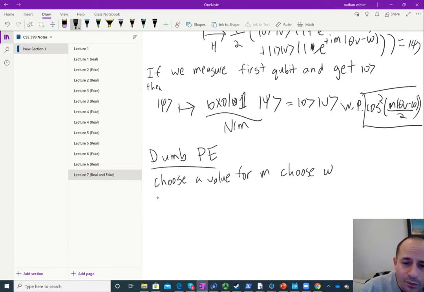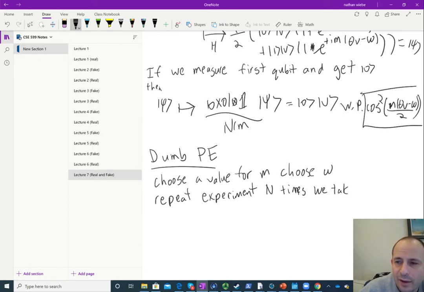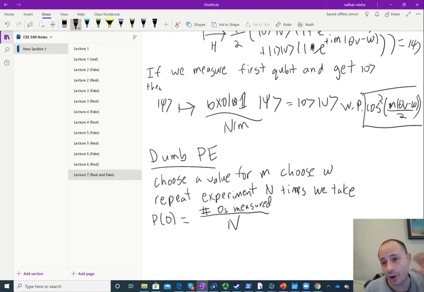Then what we do is repeat the experiment n times, and we take P of 0 equals the number of zeros measured divided by n. So we just take the sample frequency as our estimator for the probability, using statistical language. So that's what P of 0 is.